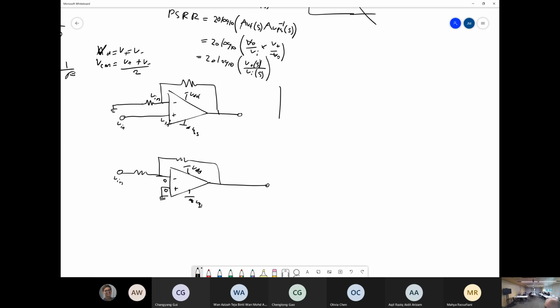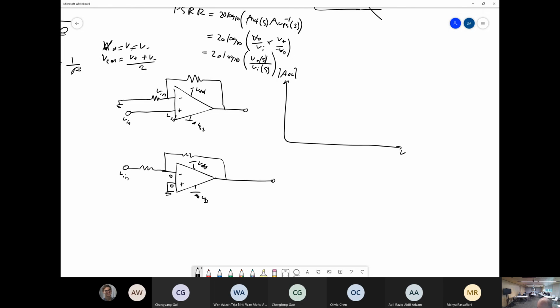Because your op-amp's open loop gain, the magnitude, and this is the VCM. Say, for example, we wanted to plot your common mode voltage versus your open loop gain. Why is this important? Let's just say this is VCM, at this point it's VSS, so minus 5.